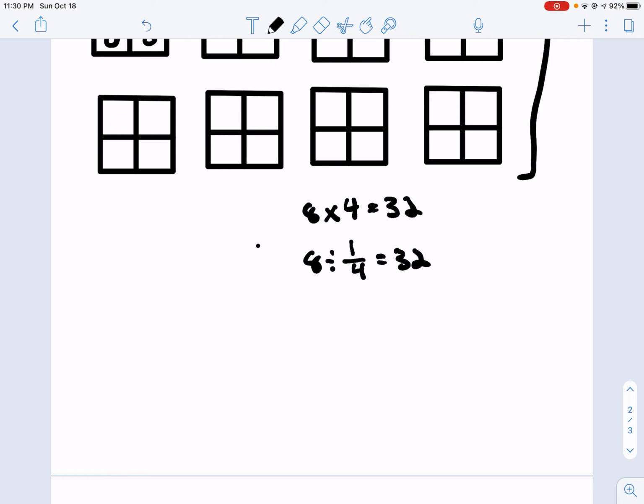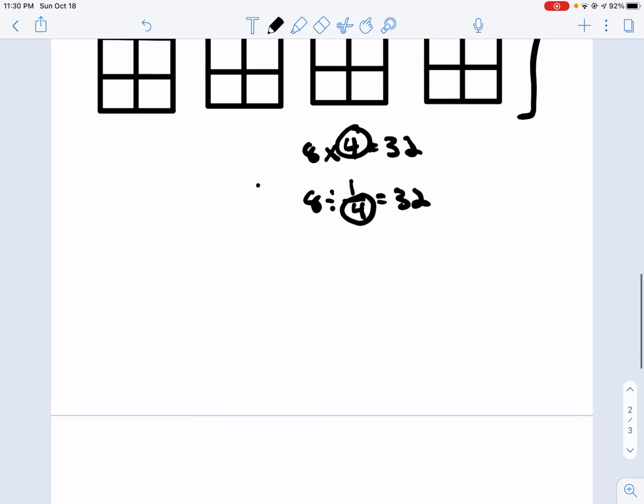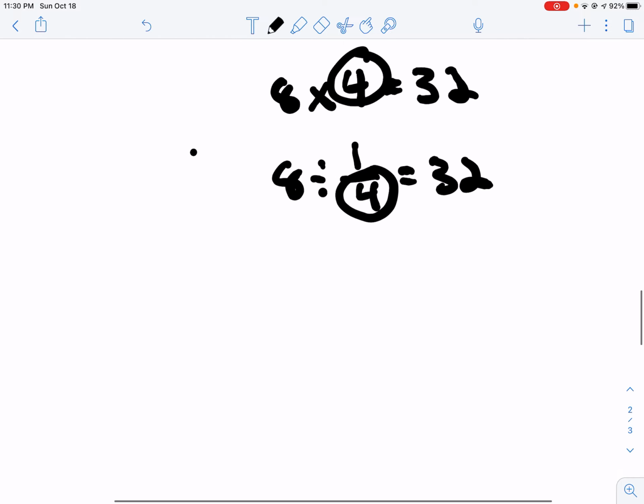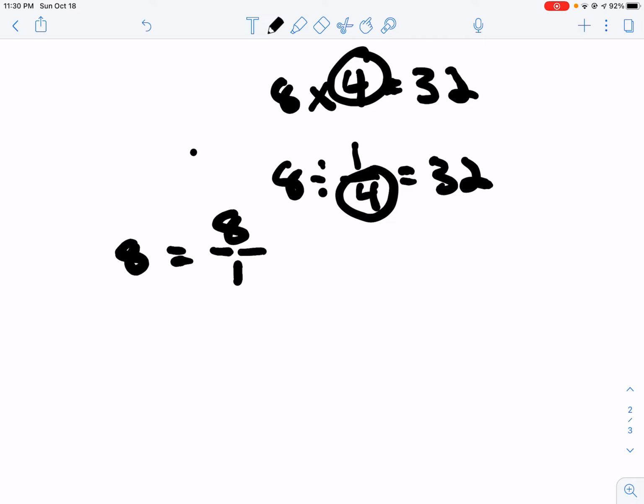Do you see something similar here? There's the 4 in each of these problems. So basically when you're trying to divide fractions, you just flip the second number. So to make this easy, we'll make 8 into 8 over 1, because like I said before, this is just a division sign. And anything divided by 1 is the same number.